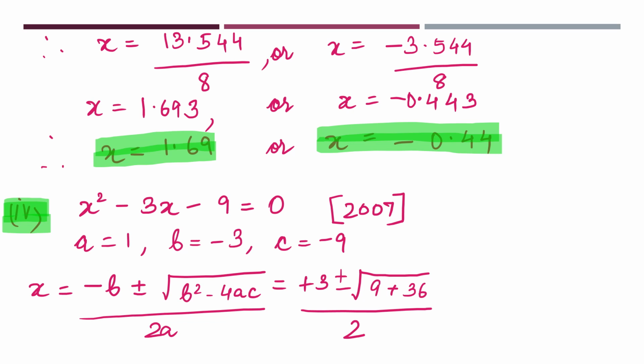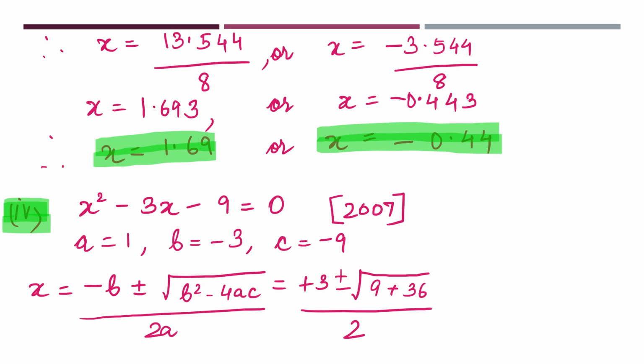Okay, children. Now coming to the fourth question, x square minus 3x minus 9 is equal to 0. This question has also been asked in 2007, children. Many questions have been asked from the quadratic formula. So please prepare this topic very thoroughly, because there are chances of questions coming from solving equations by quadratic formula.